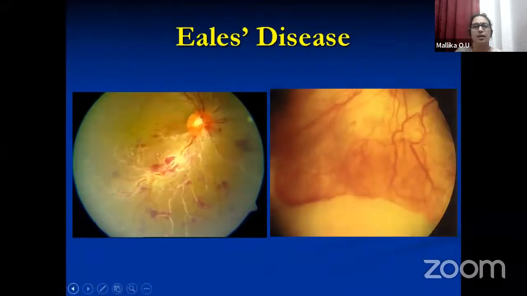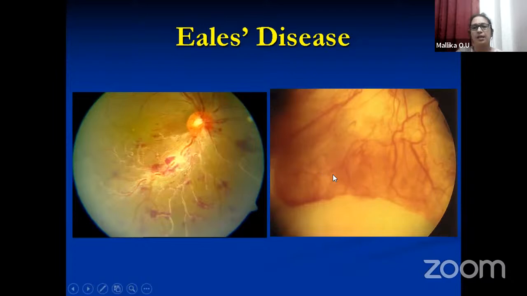So this is the picture of Eales disease. You cannot see any blood column in the veins beyond the obstruction. The veins appear white in color. All these blood vessels are sheathed. Sheathed means that because of the perivascular inflammation, there is fibrosis along the vessel wall leading on to sheathing of the blood vessels.